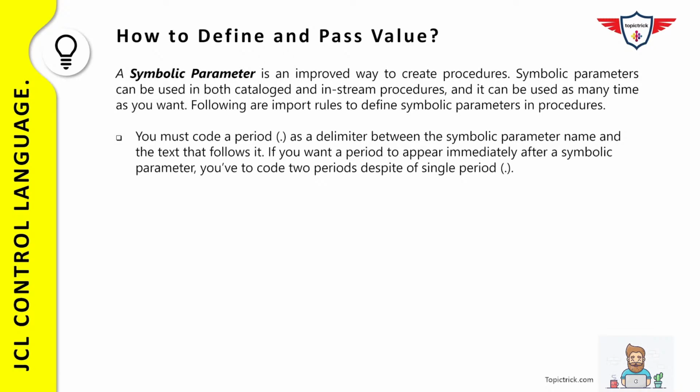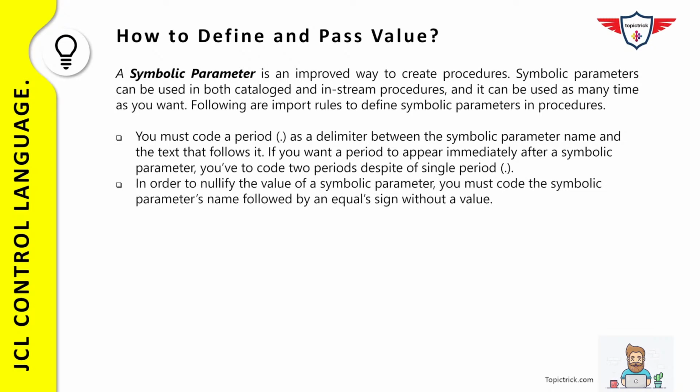To code a symbolic parameter in a procedure, you use a name that starts with an ampersand. The name can be any meaningful name you want as long as it's not a keyword parameter on the execute statement. For example, &TIME or &REGION would not be valid names because both are keyword parameters on an execute statement. But &CLASS and &SPACE are acceptable names.